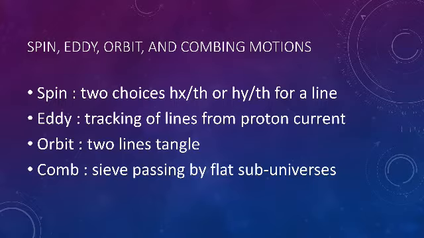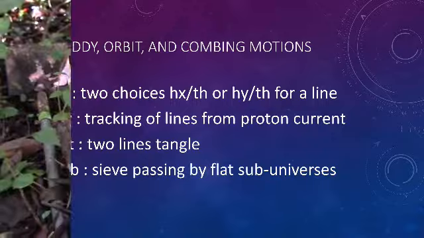So the vortex is an eddy current with all the lines attached to it. Now, an orbit is when 2 lines tangle. So say we have one hydrogen atom with one line and another hydrogen atom with another line. And if they tangle up like in that video, then that's an orbit.